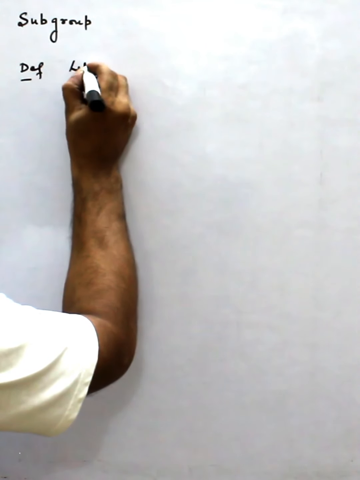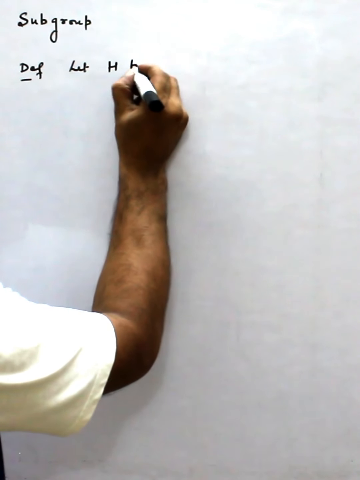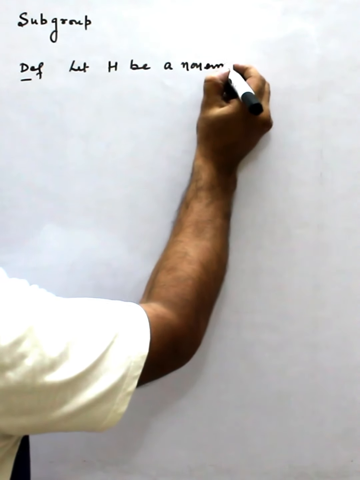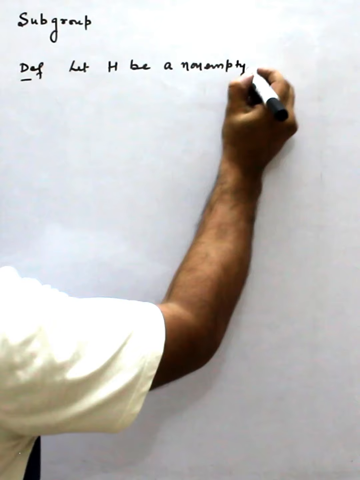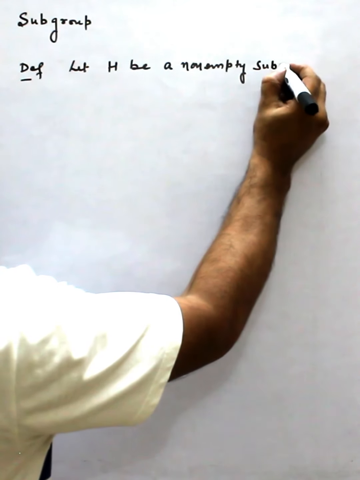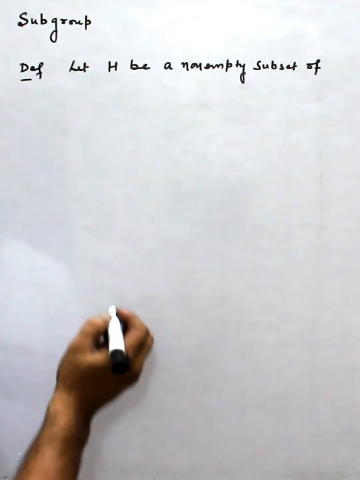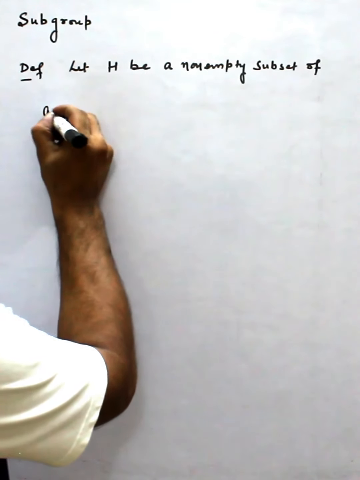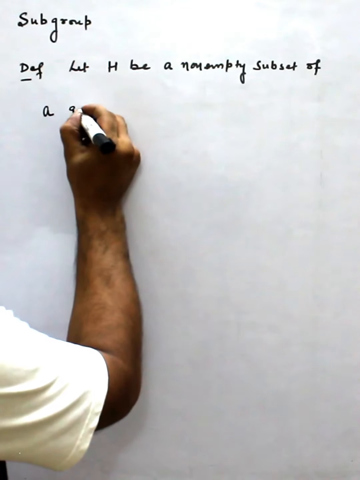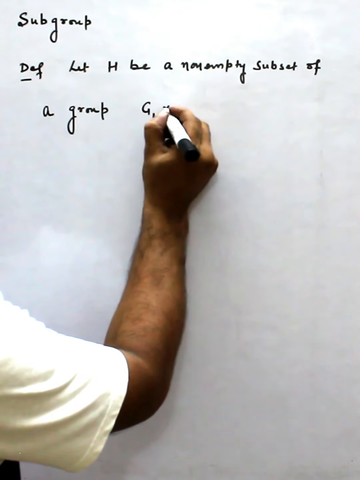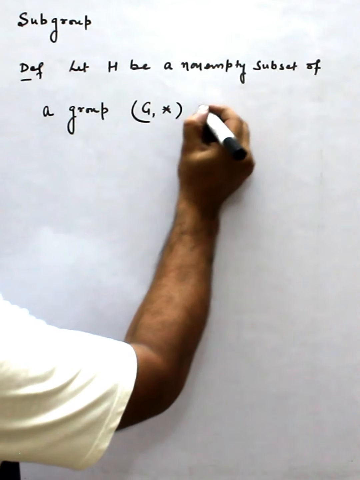Let H be a non-empty subset of a group G with binary operation star.